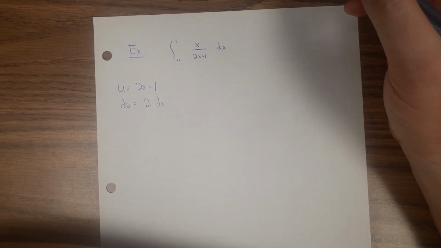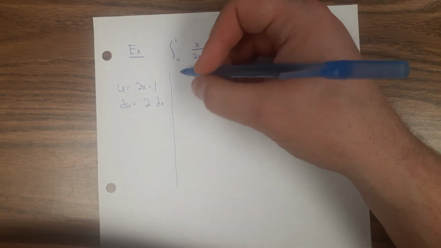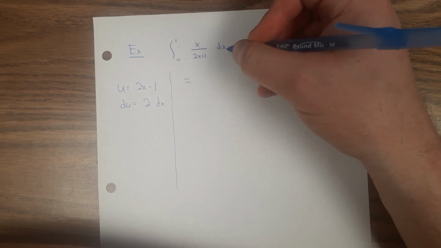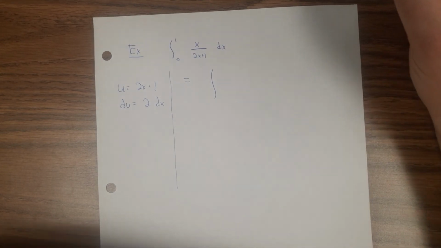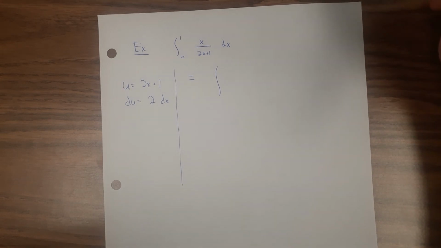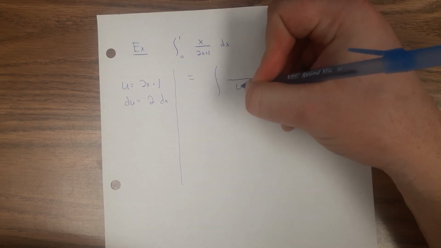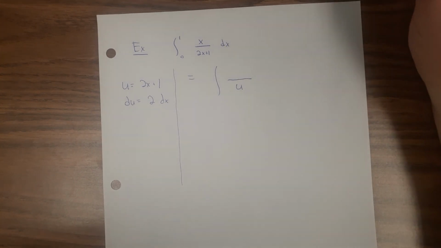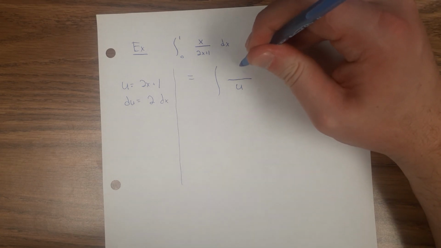Right, so let's go in here and start trying to replace things. So, of course, the most obvious thing is that the bottom of the fraction is now u. Let's talk about the top of the fraction.